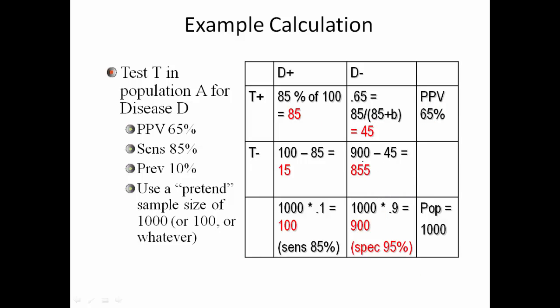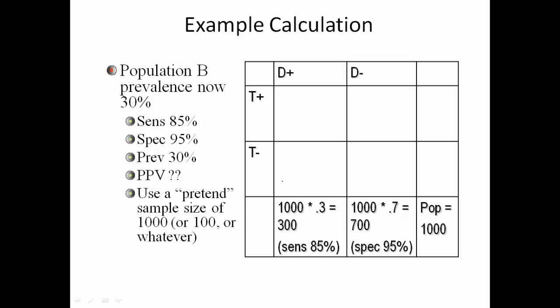And so we've been able to solve for all four boxes, A, B, C, and D. And now we can calculate the specificity, which is D over B plus D, which is 855 over 900. Okay, that gives you a specificity of 95%. That's good. So now we have sensitivity and specificity. We can do the next part of this.